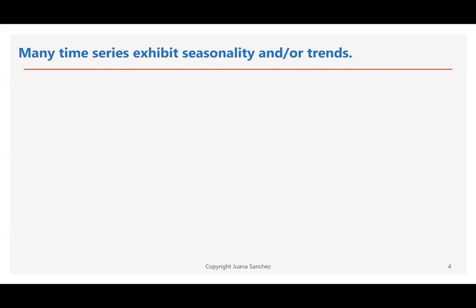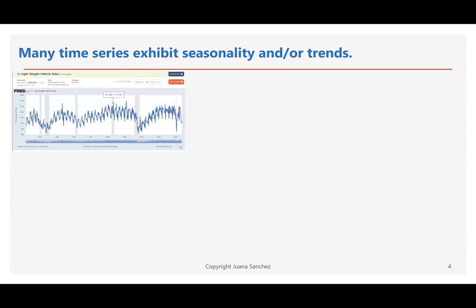So as I said, many time series exhibit seasonality and or trends. Here is an example: lightweight vehicle sales. Obviously, lightweight vehicle sales exhibits a sawtooth pattern that reveals seasonality.